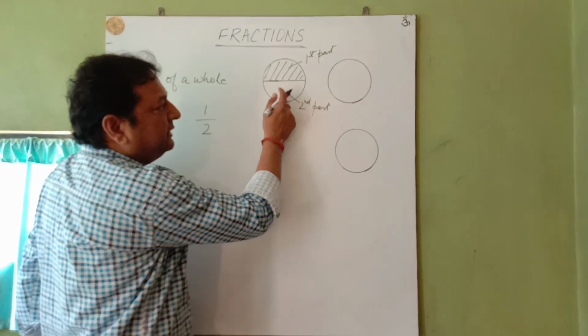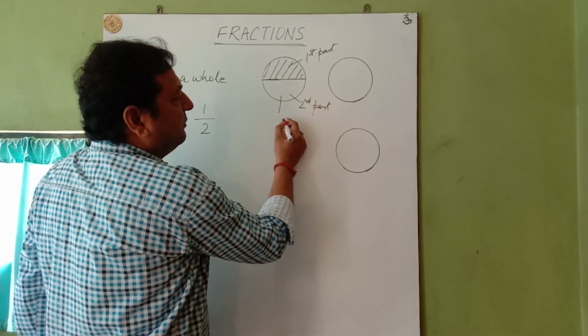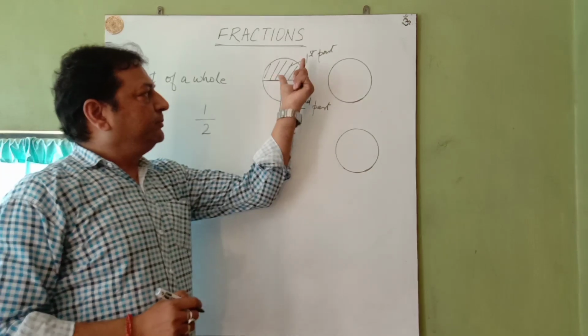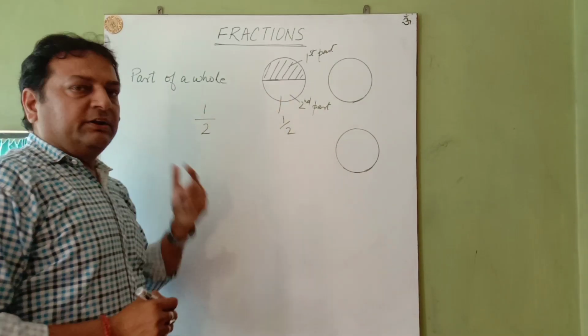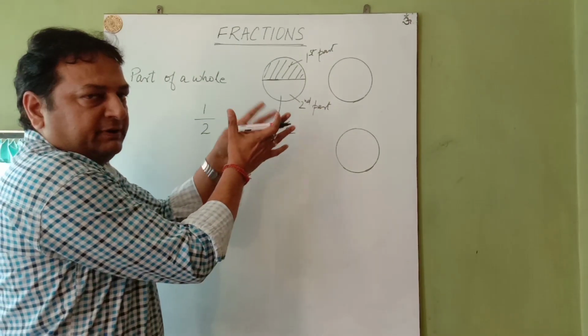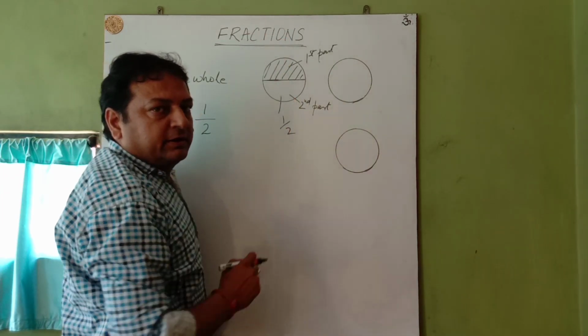In the same way, this unshaded part is also 1 out of 2. That means out of two parts, one part is unshaded. Out of two parts, one part is shaded. If we combine these parts, we get the full cake.